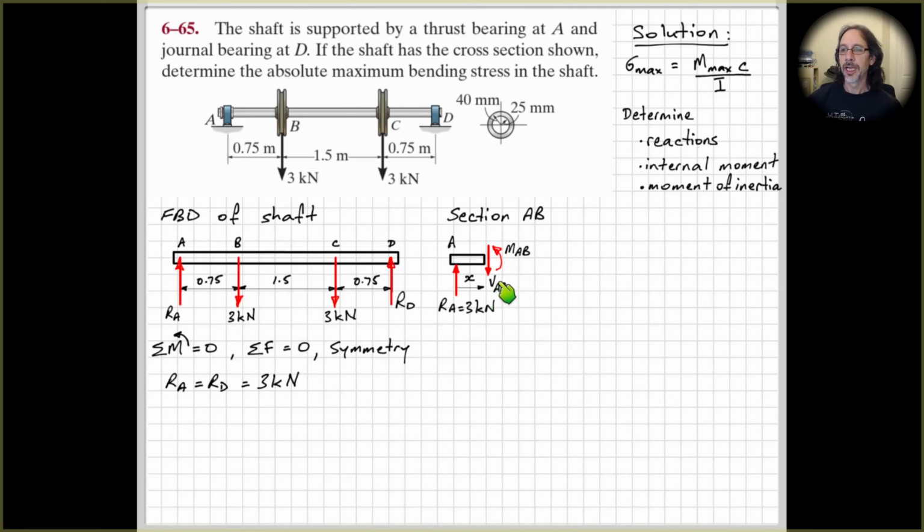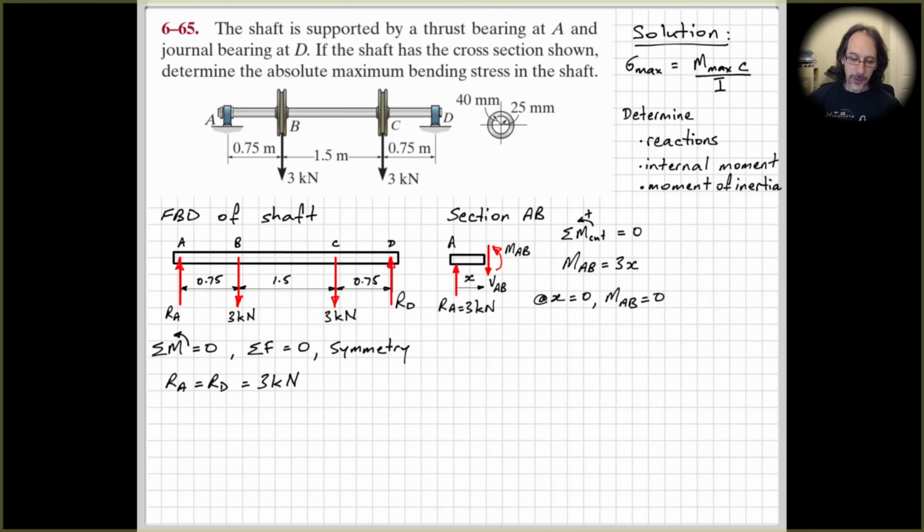If we were looking to calculate shear stresses, then we would, but we're just going to look at the bending moment for this problem. So taking moments about the cut end, we can calculate our internal bending moment as MAB equals 3 times X. We could have RA times X, but I've just put 3 in here straight away.